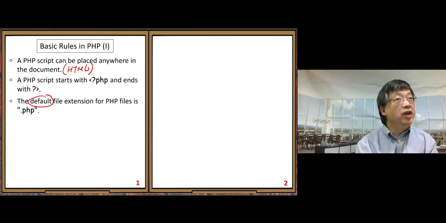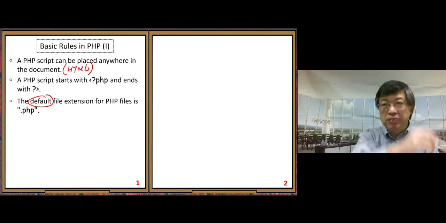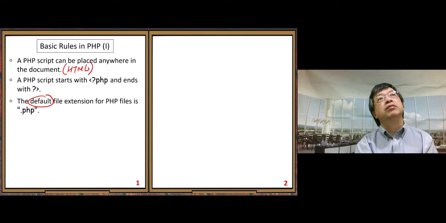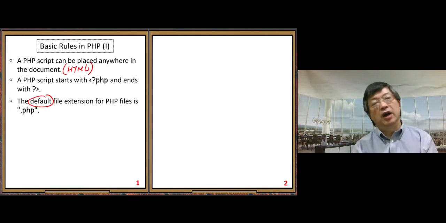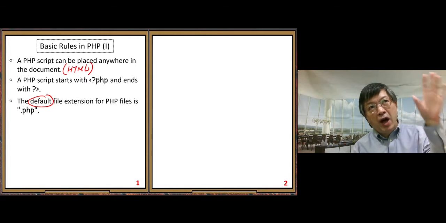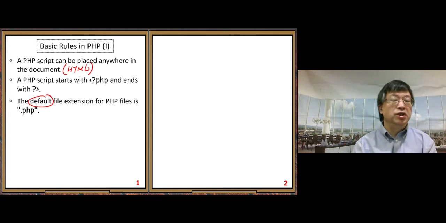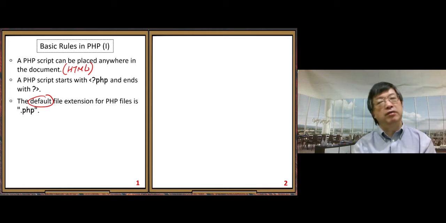Because if you really want to change it, you need to change the configuration in the Apache server. In Apache, there is a configuration file. If you want to change the non-default setting, you need to make the change in that configuration file. So usually we do not want to do that. Here, you just need to know this.